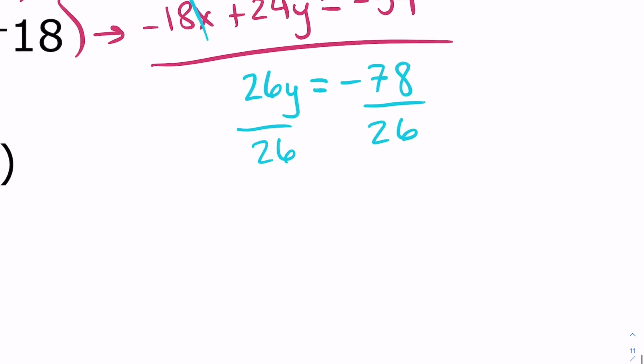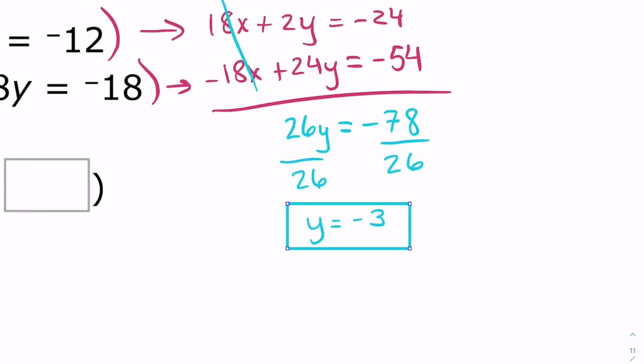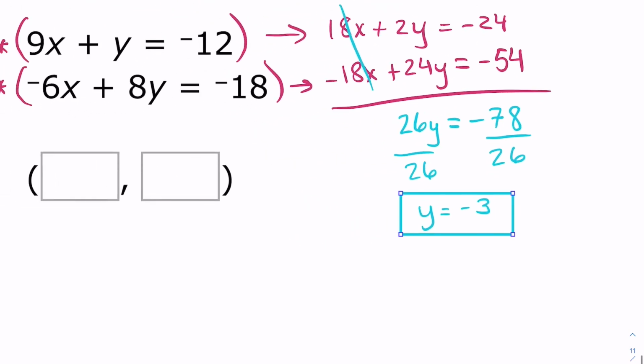So y equals negative 3. It's a whole number, negative 3. We don't always need a whole number, but in these problems, normally they equate to a whole number. So I know I'm on the right track, normally, if I get that. That doesn't mean it's always correct.